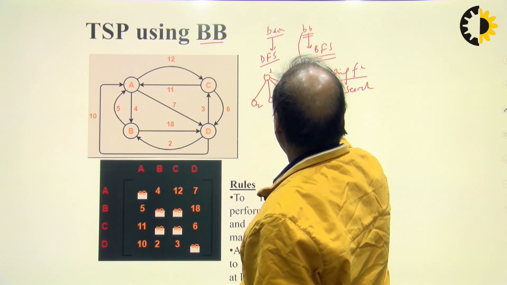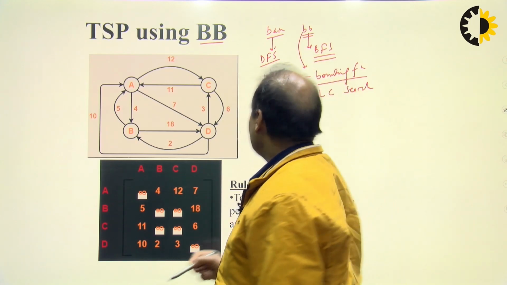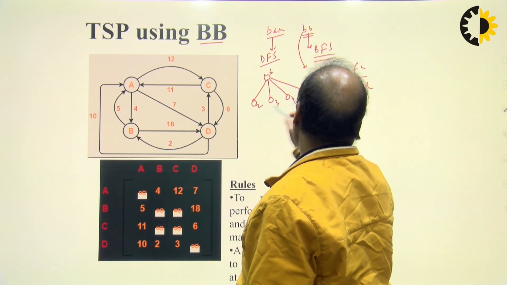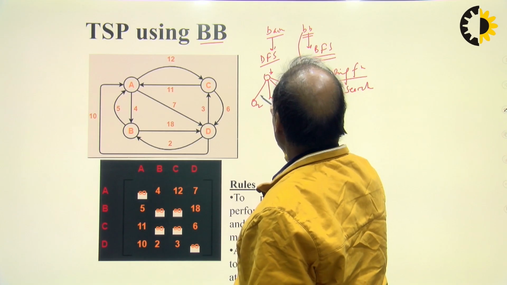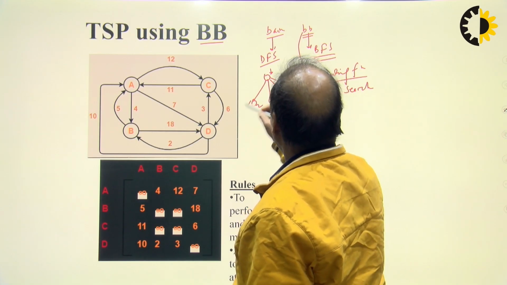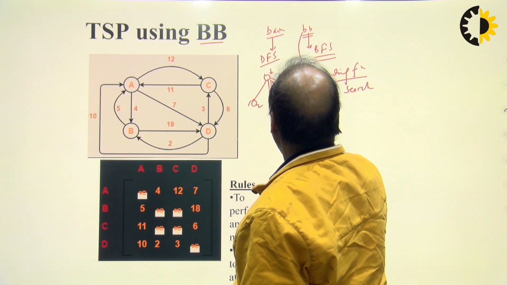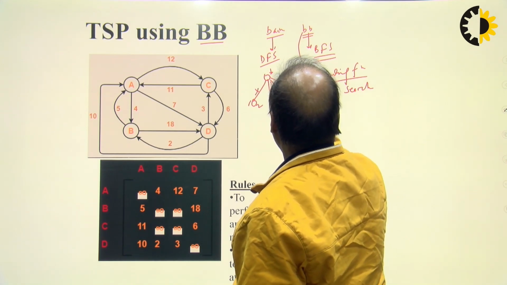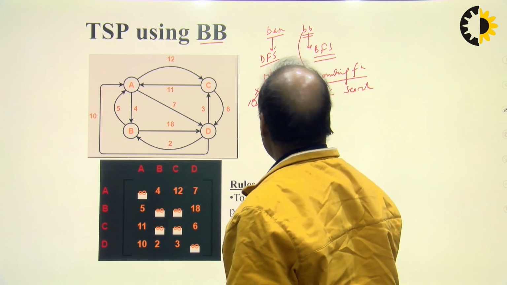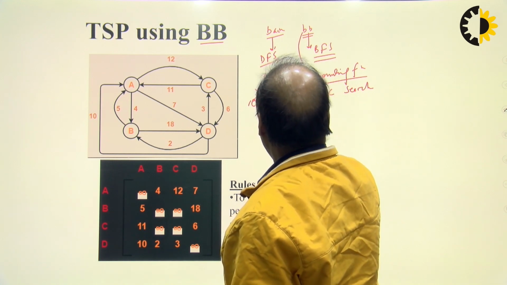Node 1 has a cost, and each of its children has a cost. We compute the minimum cost from here and follow that one. Suppose this is the minimum cost, then we will discard this one, this one, and this one. So we will follow this approach.